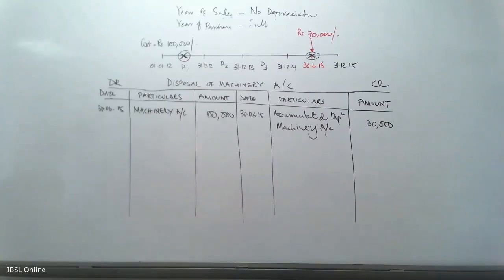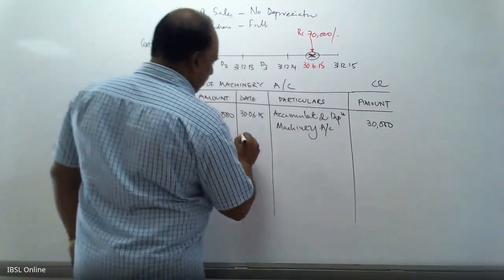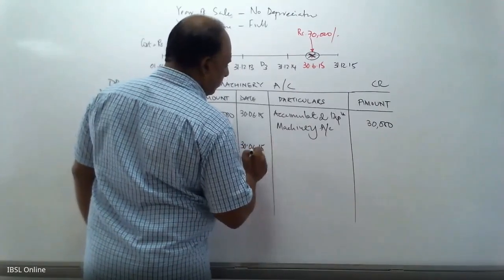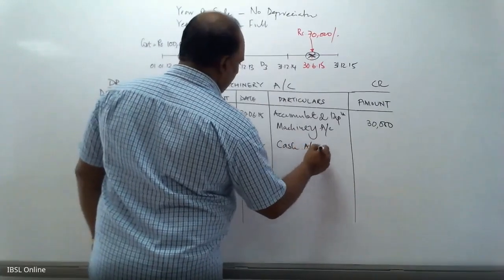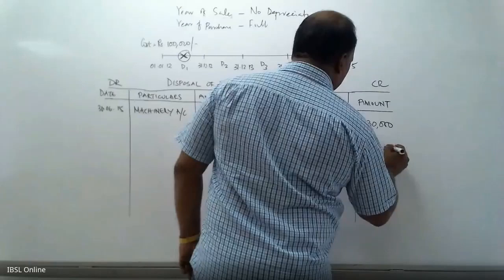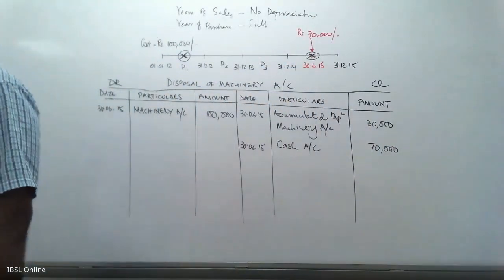Then the third part, bringing in the sales proceeds for how much you have sold it. In the question itself, they say it was sold for 70,000. So the next item, 30th June 15, cash account, because you have debited cash.